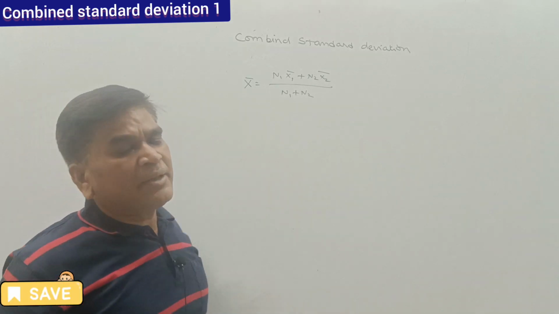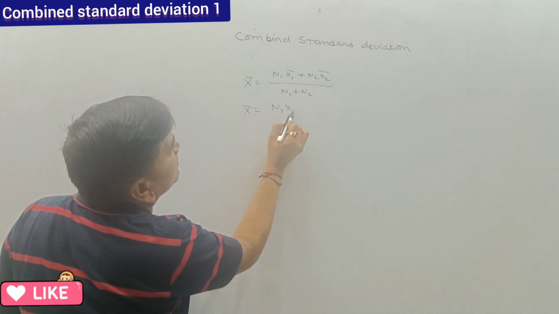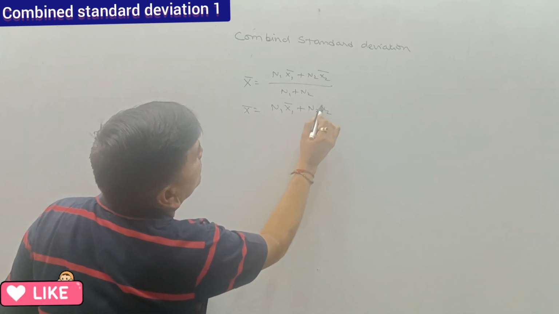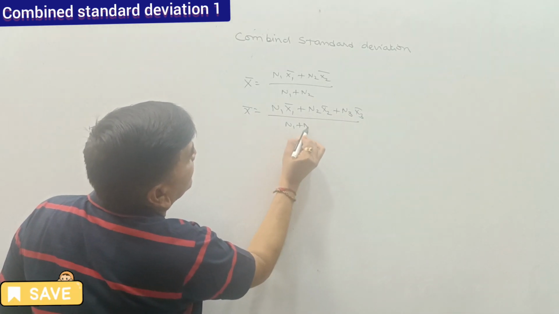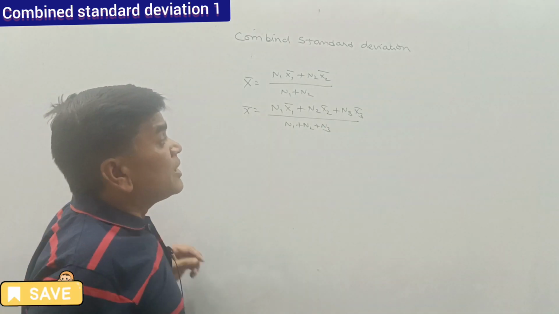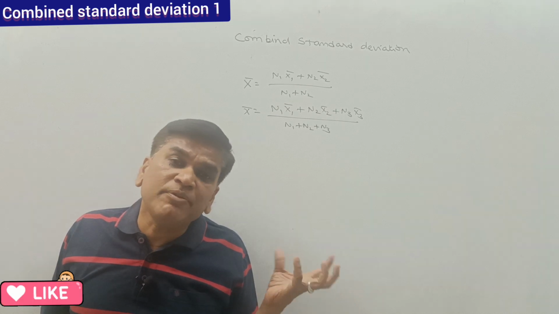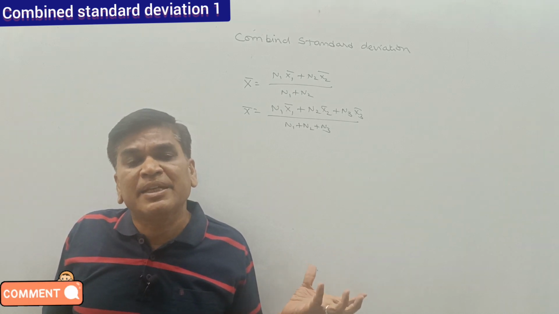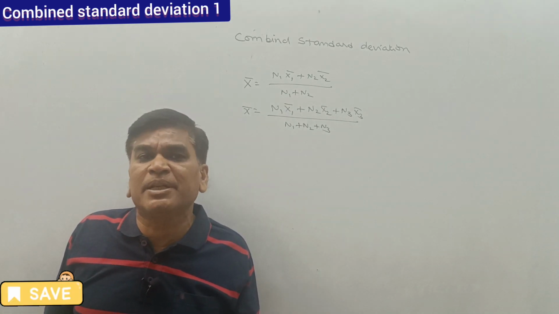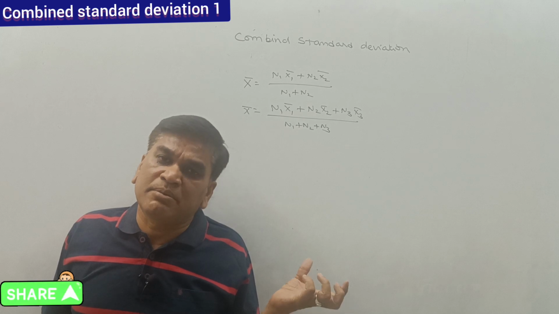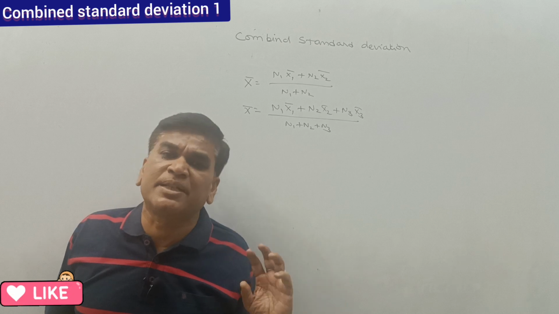If we divide a series into 3 parts, then x bar will be n1 x bar 1 plus n2 x bar 2 plus n3 x bar 3 divided by n1 plus n2 plus n3. Similarly, we can have many parts of the series, and the result will be equal whether we calculate the arithmetic mean without breaking the series, or after breaking the series into many parts and calculating the combined arithmetic mean.